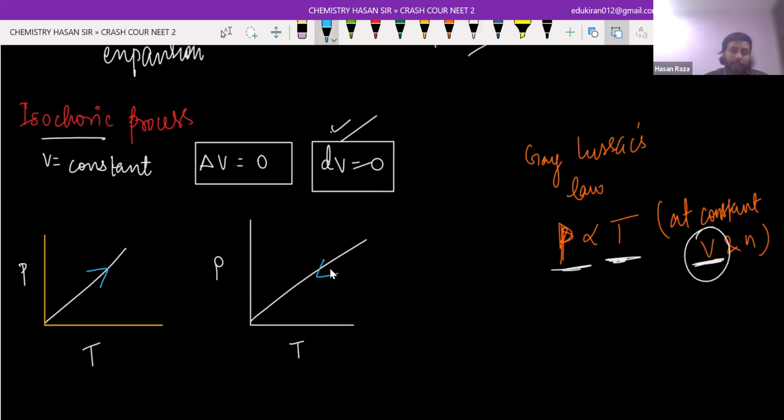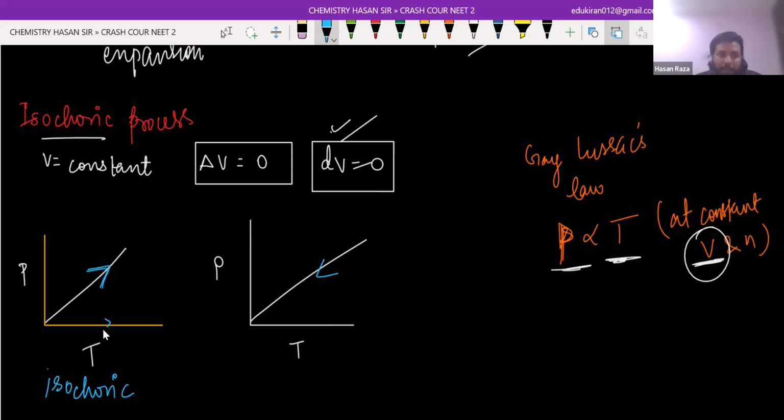Now, whether it is expansion or compression, how are we going to decide? Since volume is constant and not changing, there will be no expansion and no compression. So we are going to deal with it in terms of cooling or heating.